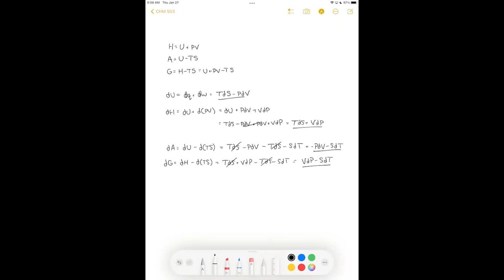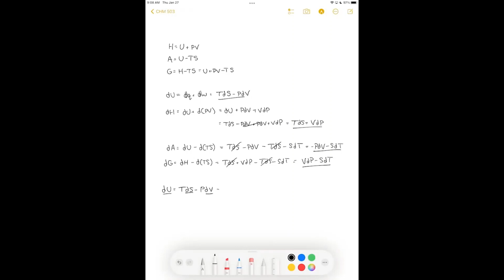So if we have our internal energy being equal to T dS minus P dV, these represent what are called natural variables. And these natural variables are simply the variables that result in the most compact expression for any of these functions. And what we note is that we're talking about the change in internal energy with respect to two variables.